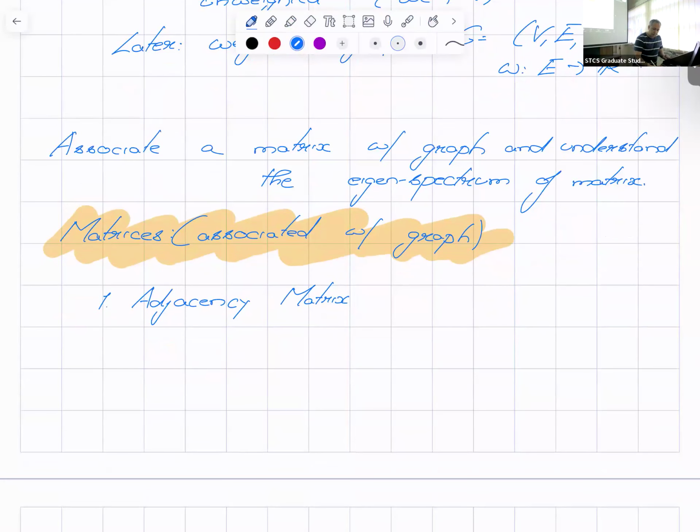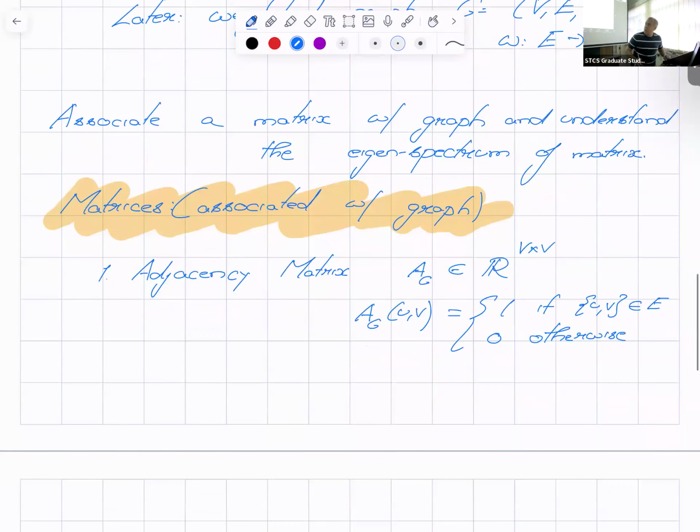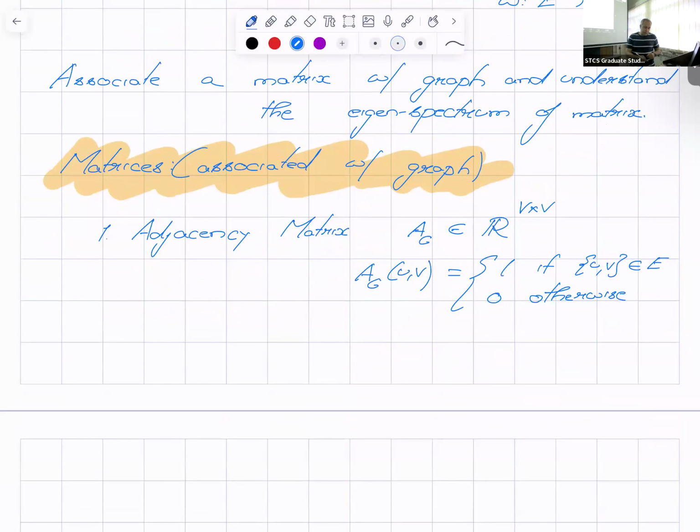This is matrix A. If I want to make the graph specific, I'll put a subscript G, A_G, which is a matrix sitting in R^(V cross V), and A_G of (u, v) is 1 if the pair (u, v) is an edge, and 0 otherwise. So notice that by definition this is a symmetric matrix.